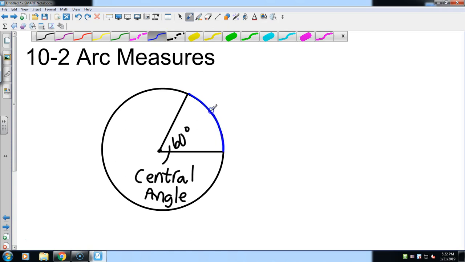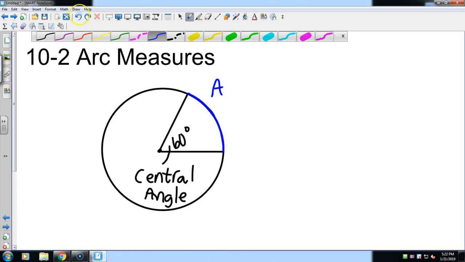Think like the arch or arc, however you want to say it, the arch in St. Louis. And that is called an arc. And if it's the arc of a central angle, it is also 60 degrees.